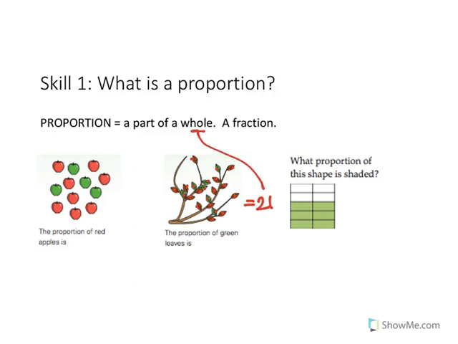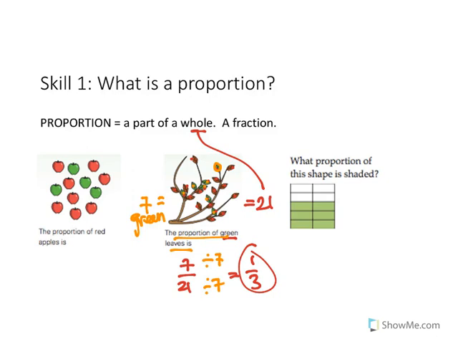That is our whole. We want the green leaves, so we have to count the green ones. 1, 2, 3, 4, 5, 6, 7. And 7 are green. So the proportion of green leaves is 7 out of 21. And if you divide by 7, you can simplify this fraction into 1 over 3.